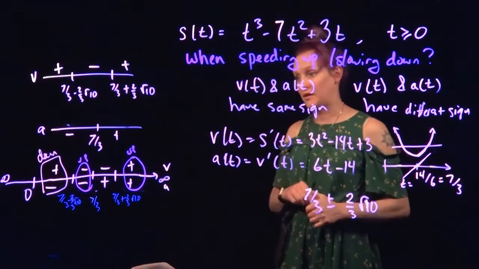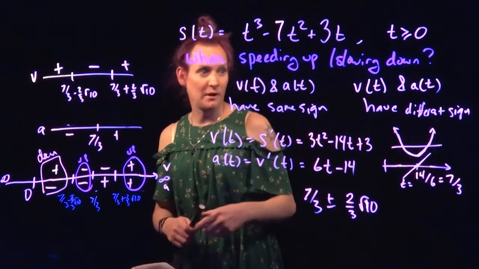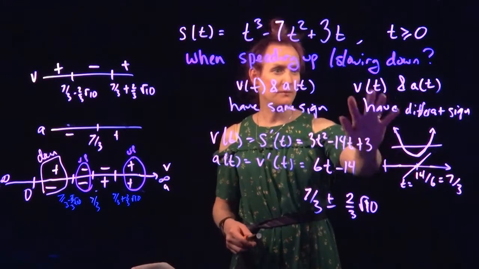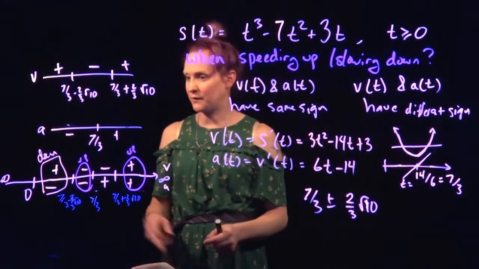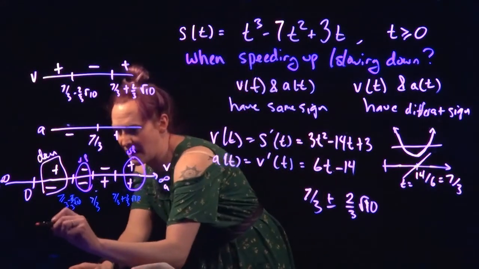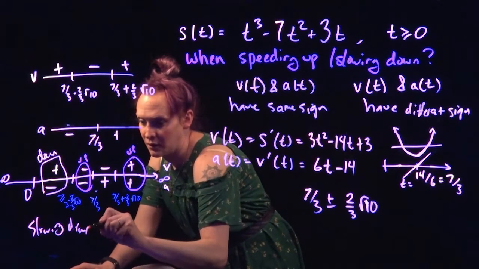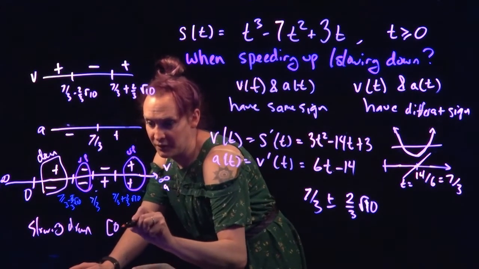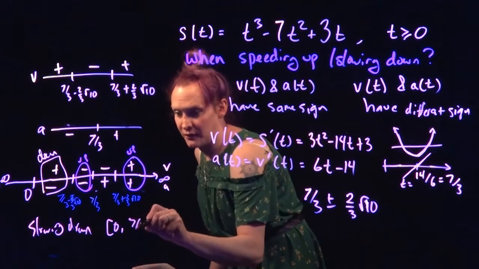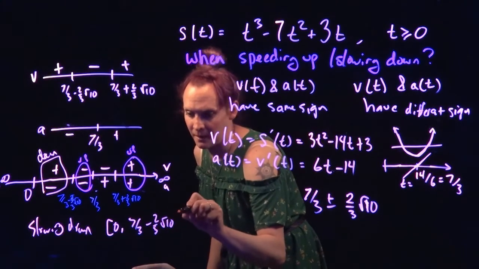So I'll write one of the sets of intervals. How about I do the slowing down one? Where is it speeding up or slowing down? It's slowing down where V of t and A of t have different sign. It's slowing down from 0 to 7/3 minus 2/3 of root 10.